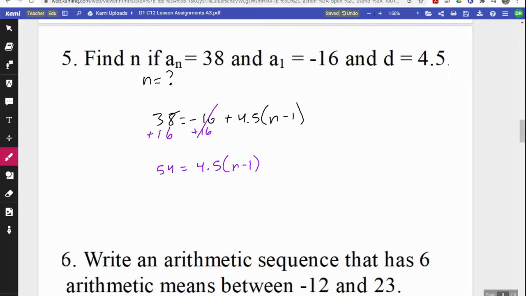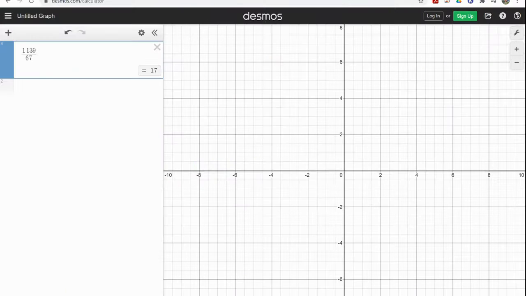In earlier levels of math, we would say that's something we can distribute to simplify it. Sure, it's true, but n is stuck in parentheses. If I got the parentheses by themselves, it would have the same ending. I'm going to divide by 4.5. And this should be 12, but I'll check it.